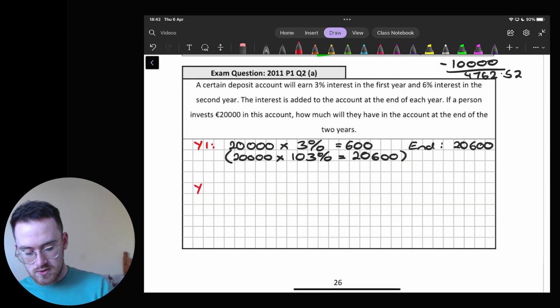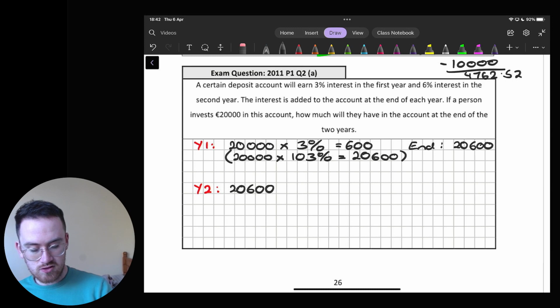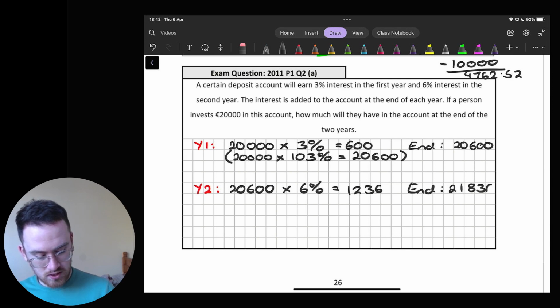Okay, doing the same for year two then, so we can do it both ways. So I start with 20,600. My interest rate now is 6% for the second year. So the interest on that one is 1,236, and that means that at the end of the year, I have 21,836.